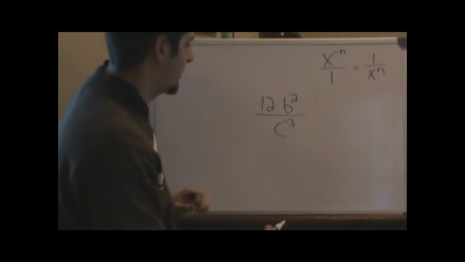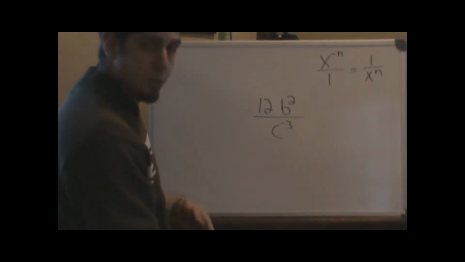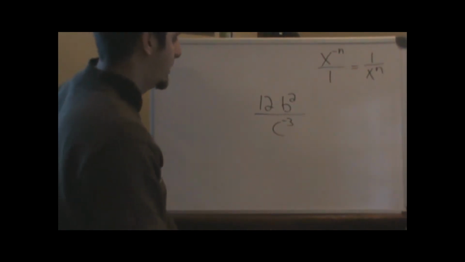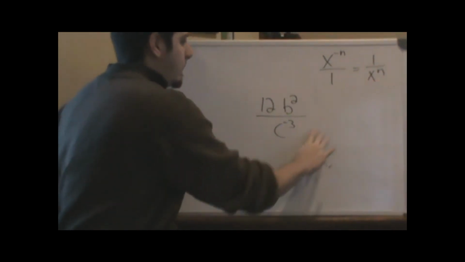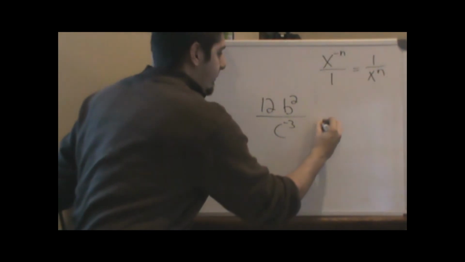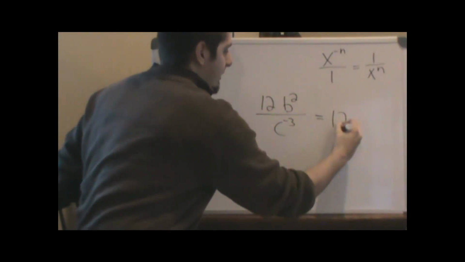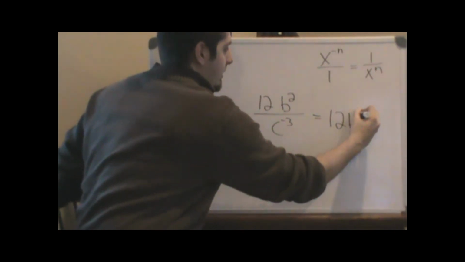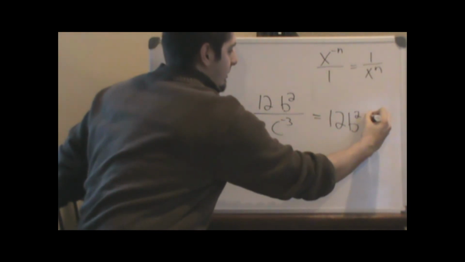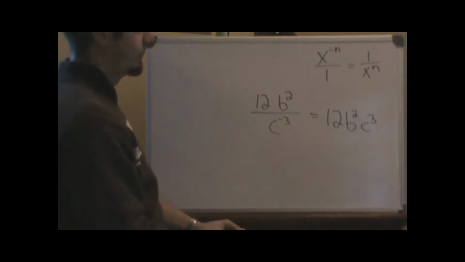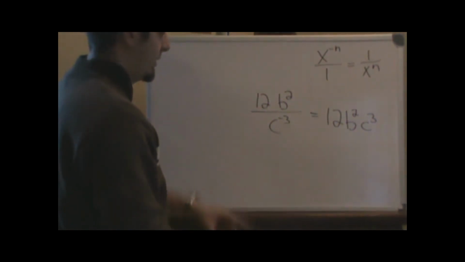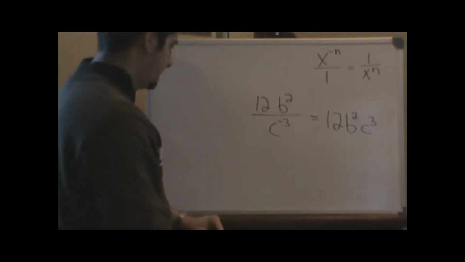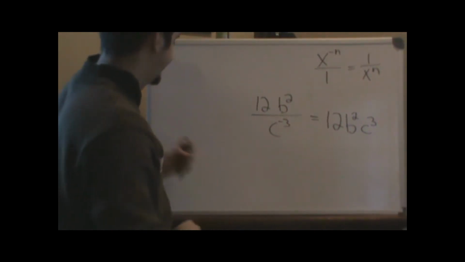Now, if that doesn't appeal to you for an answer, or if you're asked to give an answer with all positive exponents, you can take that c to the negative 3, move it to the other side of the fraction, and now you'll have an answer of 12b squared c to the third. Makes a nice, neat answer. You get rid of the fraction bar and the negative exponent.